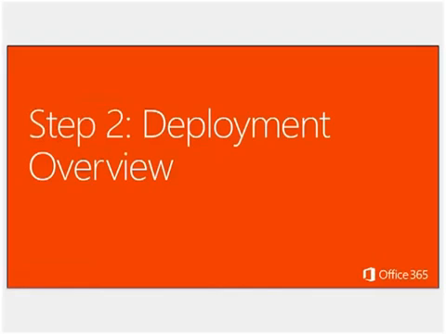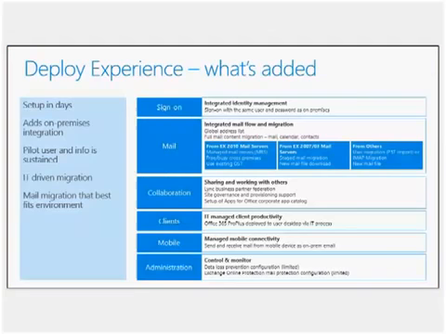So getting into it, what does that look like, the deploy experience? When we say what's added, we mean what's added from the pilot scenario. So in a pilot scenario, you have cloud IDs, you have full use of the services, but no integration from an on-premise perspective, except maybe connected accounts. When you move into the deploy, this is really where a lot of the work happens.